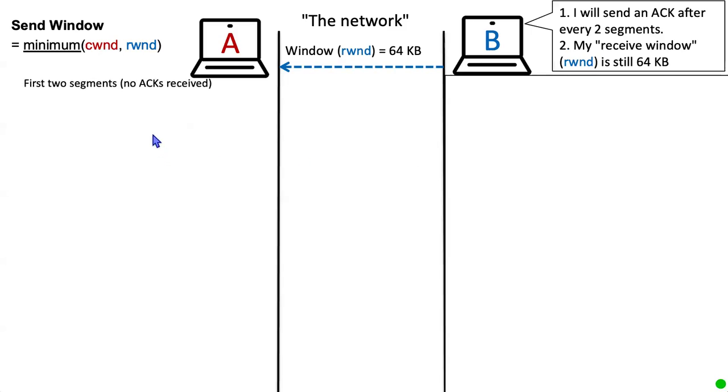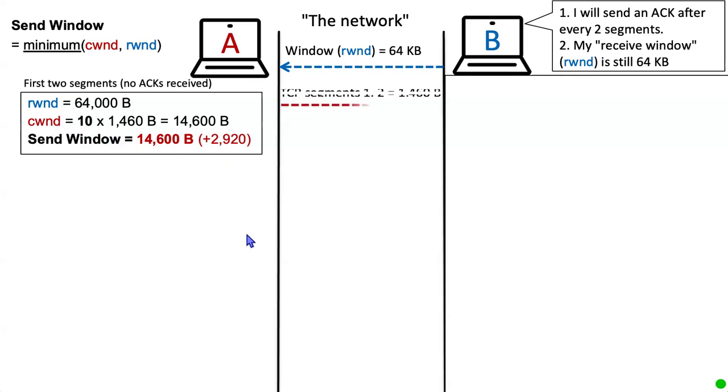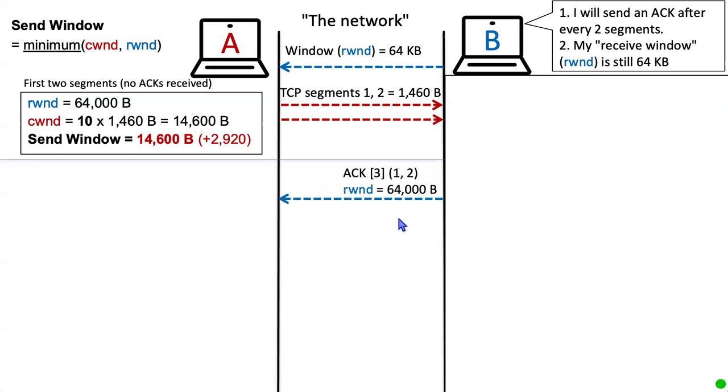Okay, so let's take a look at some more examples here of what's going on. The receive window's 64,000 bytes. Okay, we saw our congestion window was initially at 10 maximum segment sizes. So we sent those 2 segments. Let's just see this again. We got that acknowledgement. So it was 14,600.